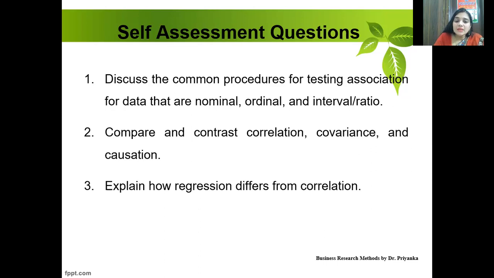A dependence technique draws a distinction between dependent and independent variables. We are checking one variable's dependence on the other. An interdependence technique does not make this distinction and is simply concerned with how the variables are related to each other, whether they are positively or negatively correlated, or have no relationship. That is your correlation.